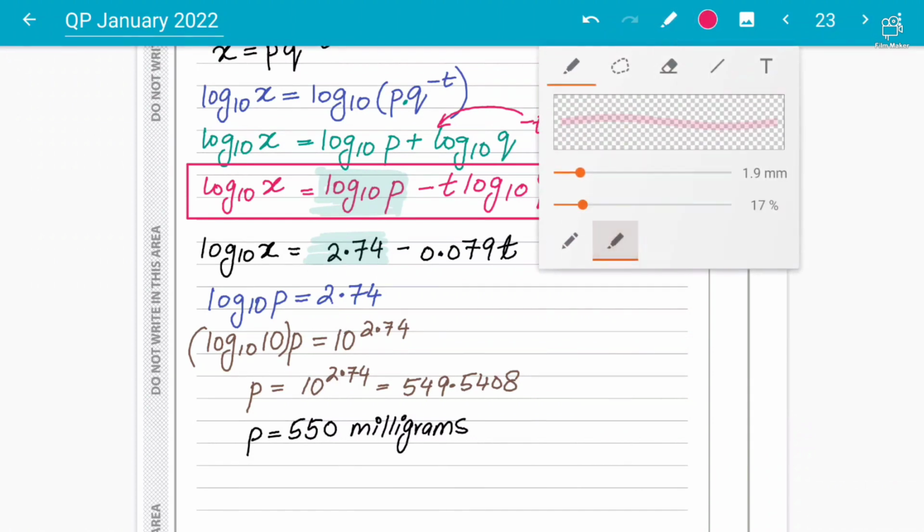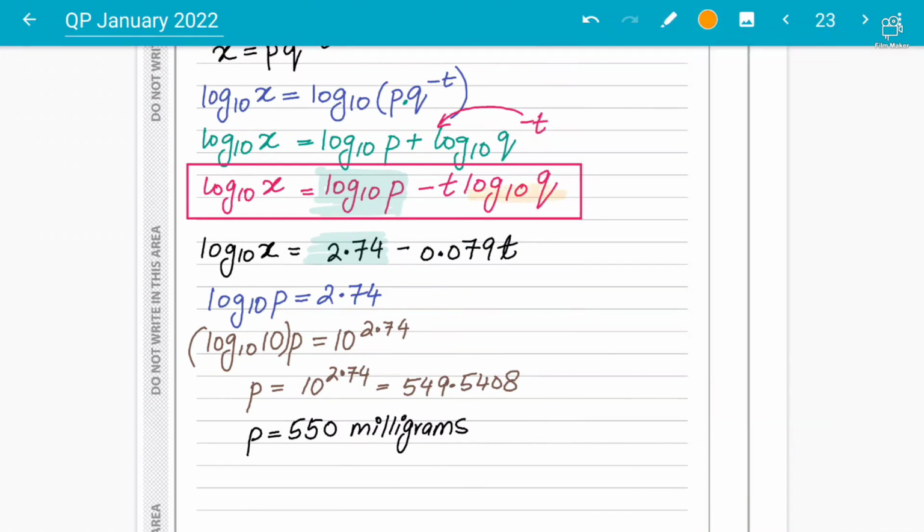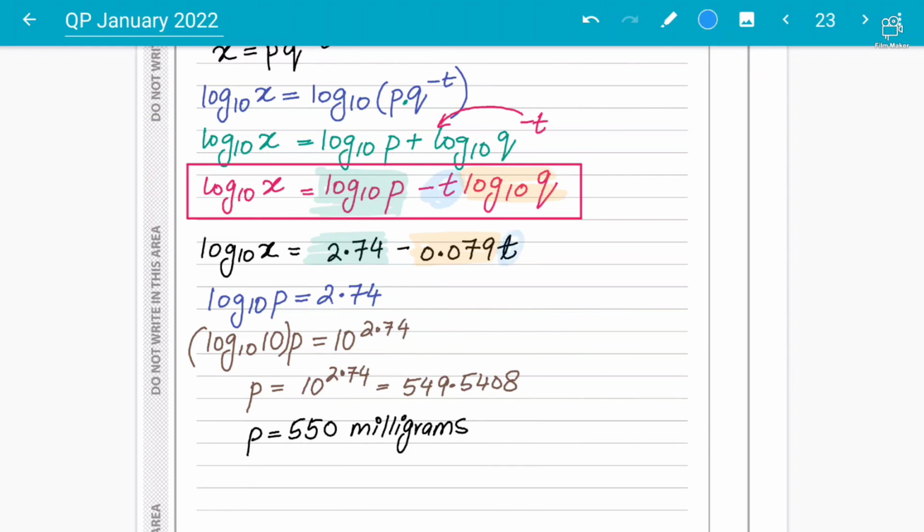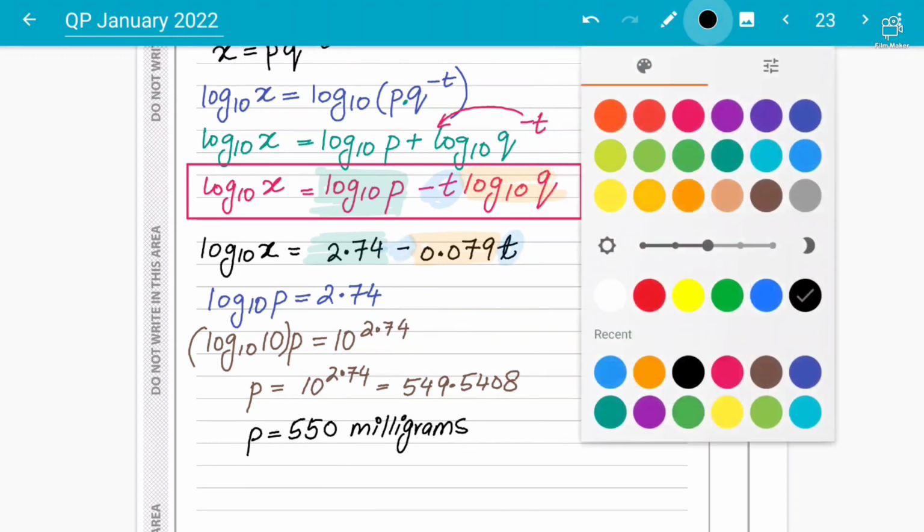So again, follow the highlighter, students, log 10Q is equivalent to 0.079. Because of this, follow the blue color, minus T is equivalent to this minus T, and log 10Q will be equivalent to 0.079.